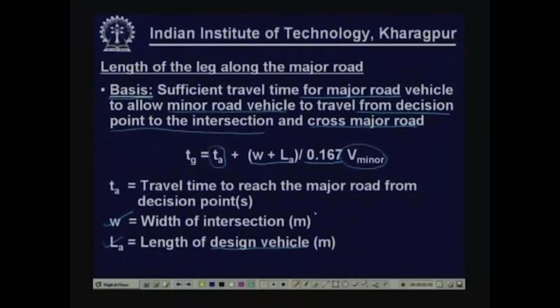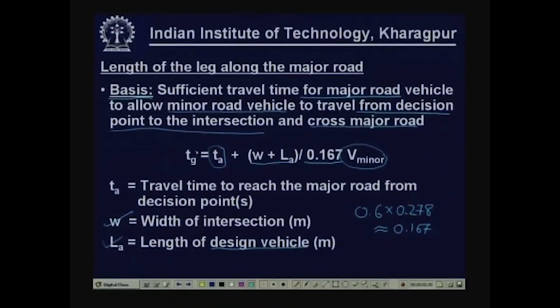So, 60% of that speed. Therefore, the correction factor becomes 0.6 multiplied by 0.278, which is approximately equal to 0.167. So, it becomes the effective speed after reduction of speed to 60%.